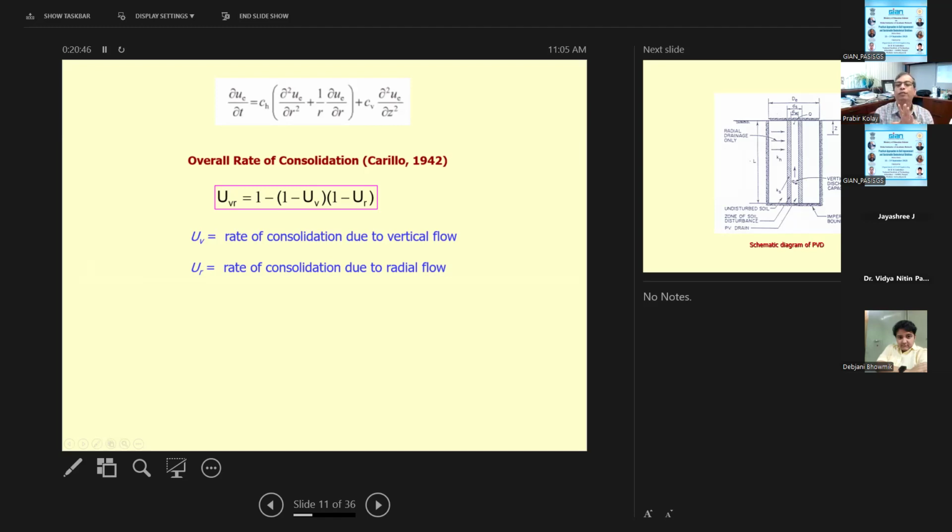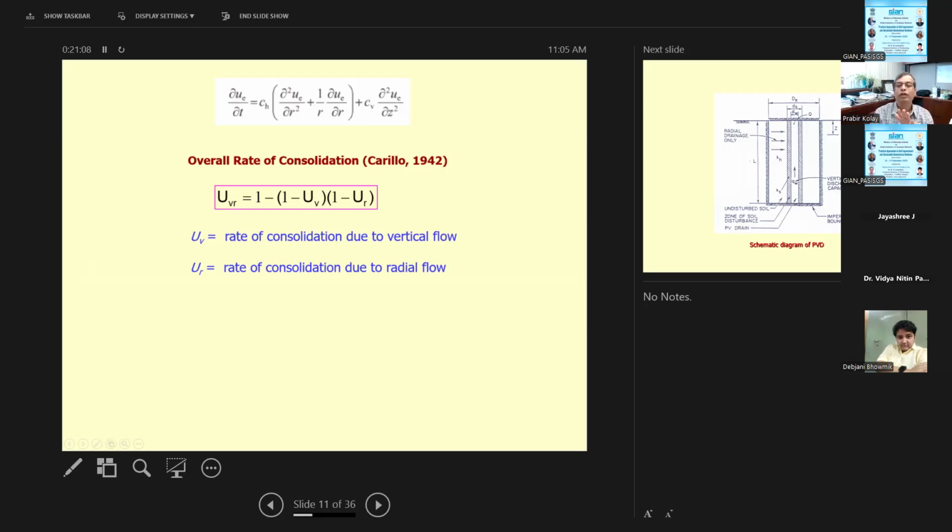So this is the equation. Because of radial drainage, the first part is added, Ch, the horizontal coefficient of consolidation in the radial direction, and then this part comes into the picture. Okay, so this is the differential equation for consolidation.